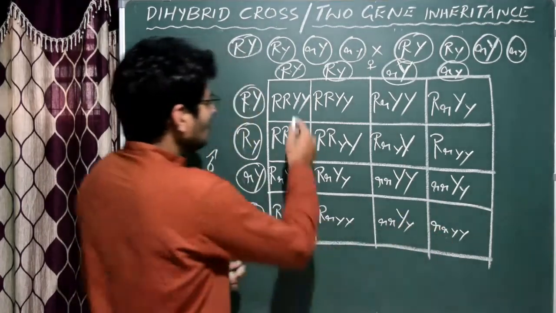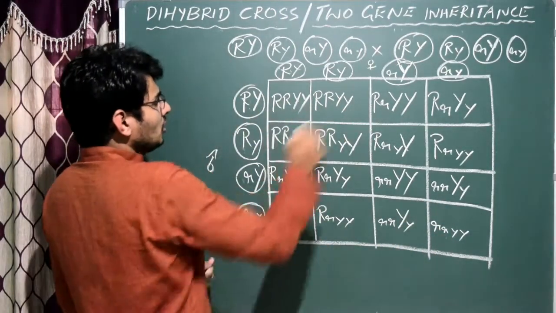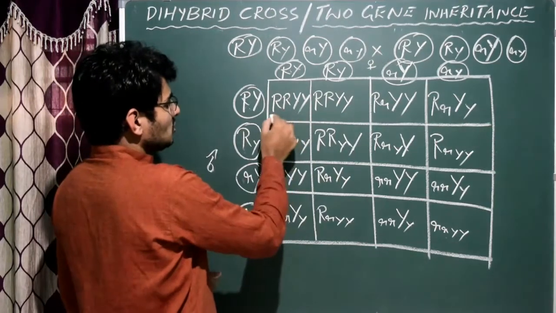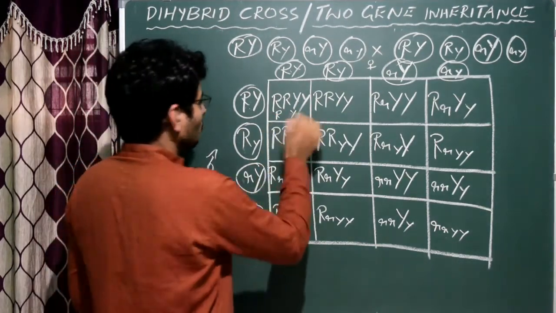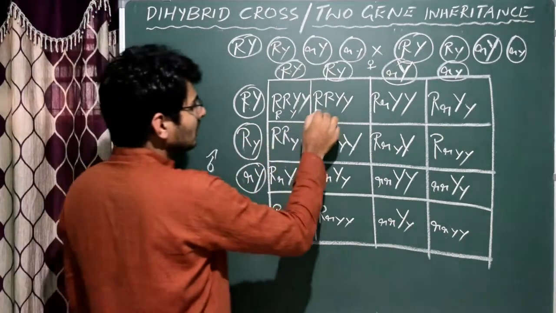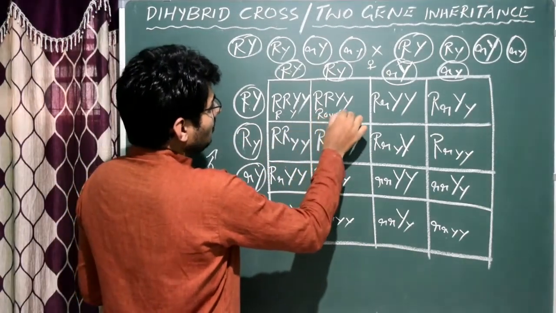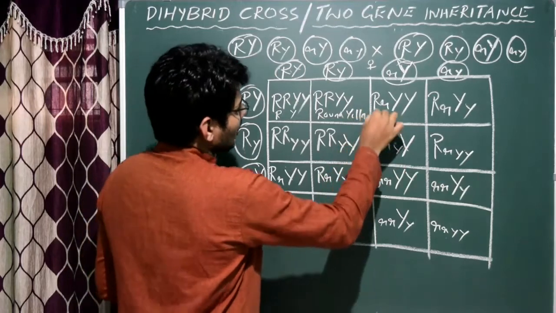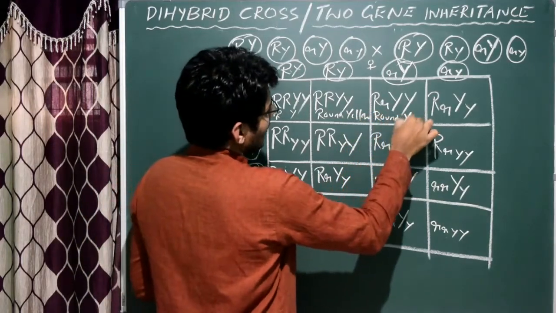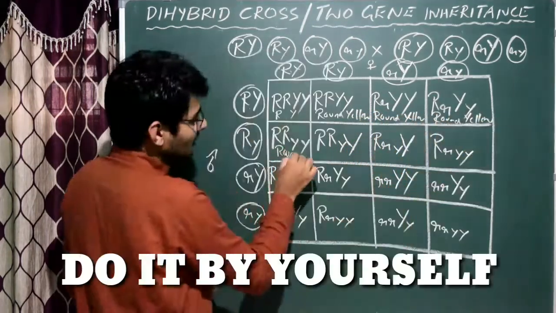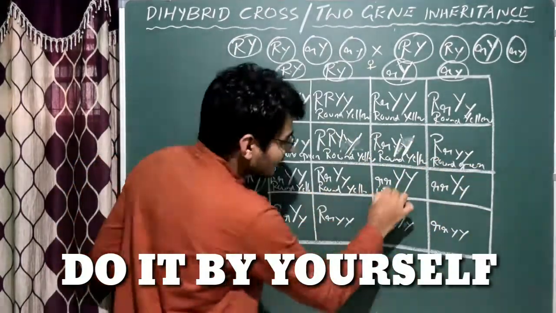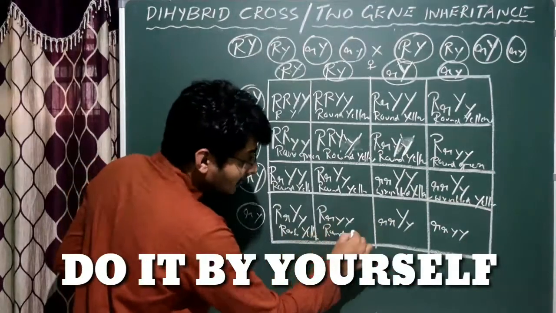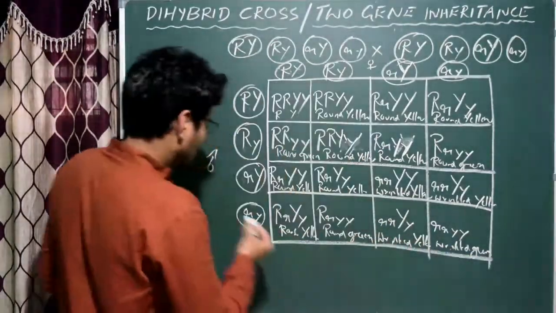Now, according to the genotype, we write the possible phenotype here, that is round yellow. We have one round yellow here, and again round yellow, and this is also round yellow. Write the phenotype here.